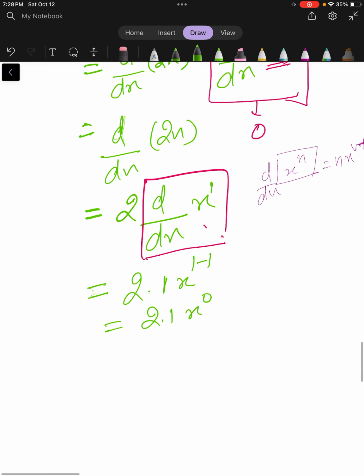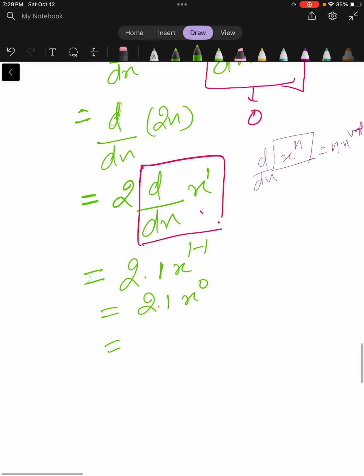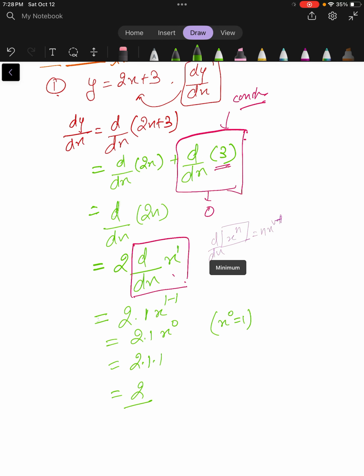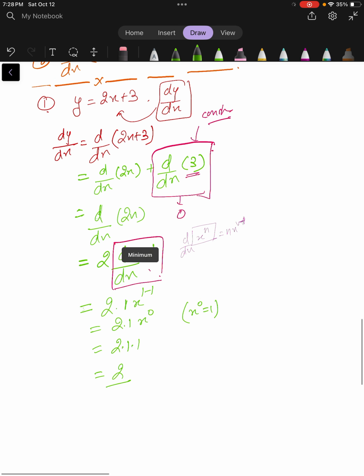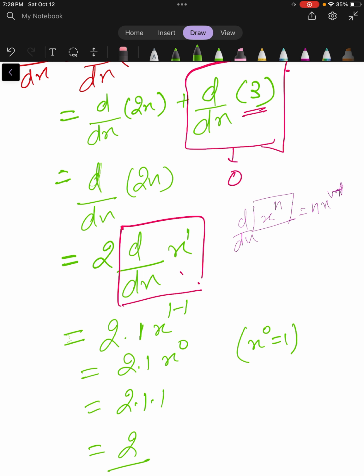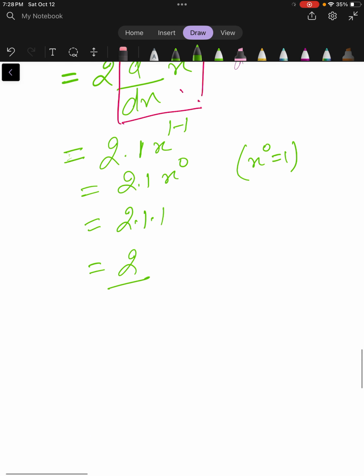Any x to the power 0 is equal to 1, so 2 into 1 into 1 is equal to 2. So the differentiation of this function is 2.